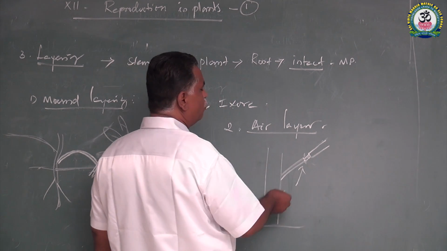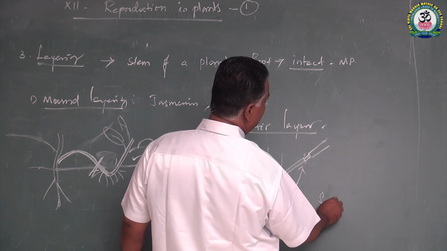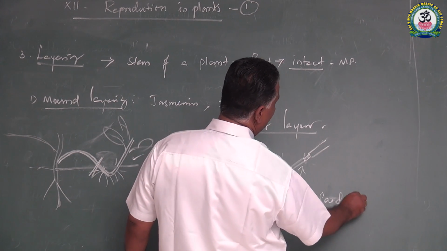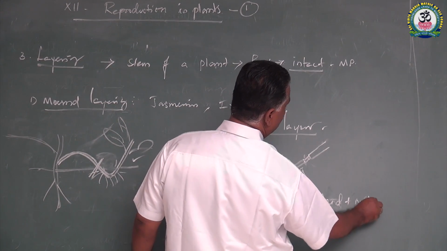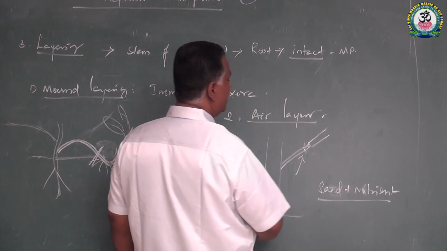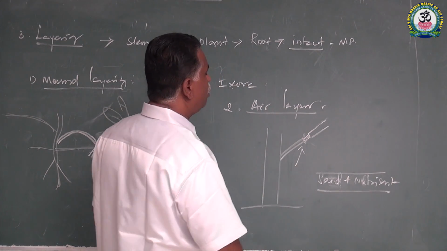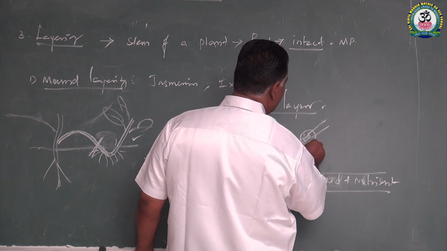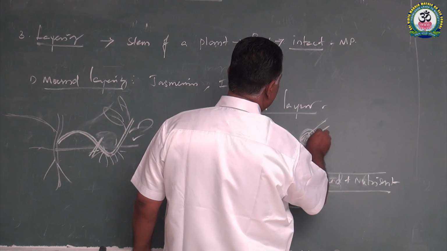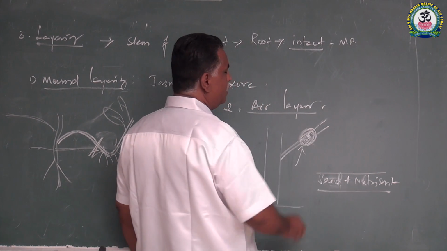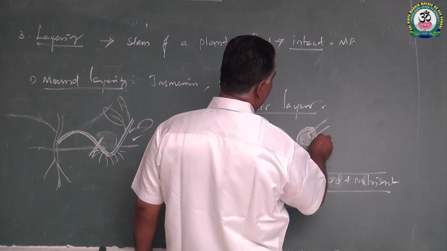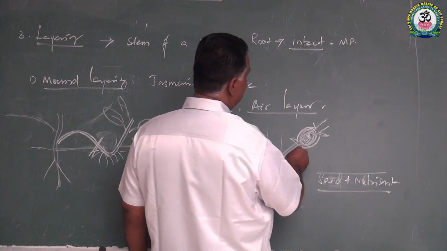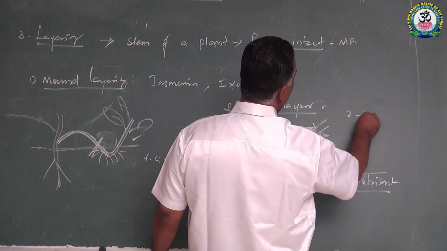After spraying the growth hormone, soil and sand with nutrients and growth promoting hormones are applied. Clay and sand is applied over this place, and it is covered with a polythene bag and left for 2 to 4 months.